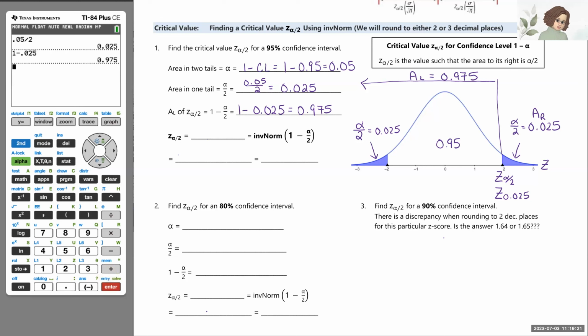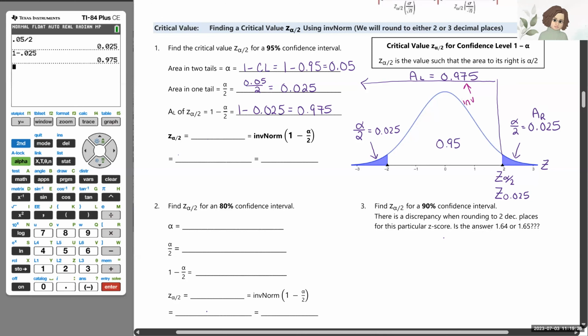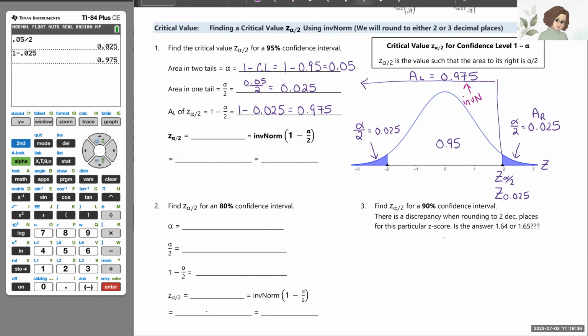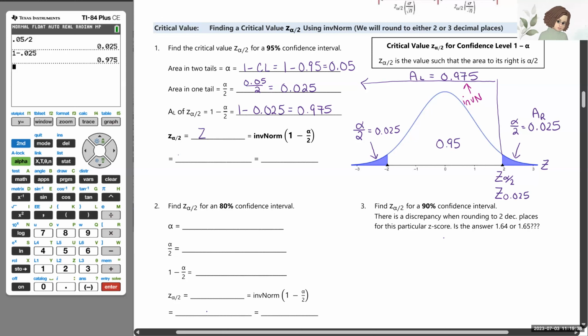So we always want to remember that you're always going to inverse norm the area to your left. So here is our summary. If you want to find z alpha over 2, in our case alpha over 2 is 0.025, you will be inverse norming the complement of 0.025, 0.975.